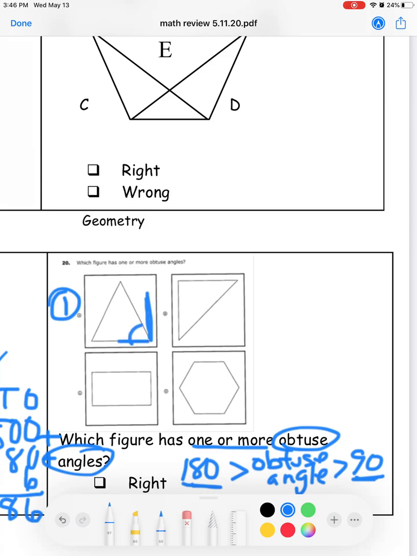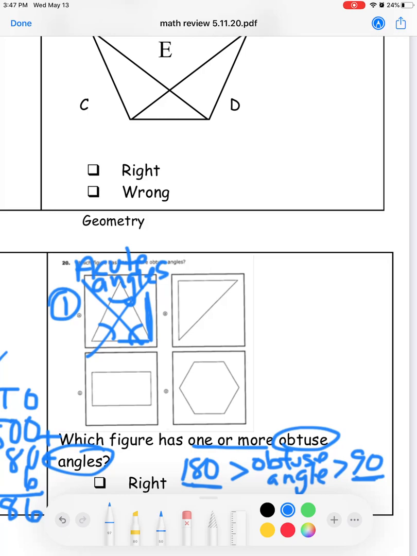So this must be an acute angle. And since this looks like an equilateral triangle, I know that all 3 of these angles are acute angles. So A couldn't possibly be the figure with one or more obtuse angles. All 3 angles are acute.